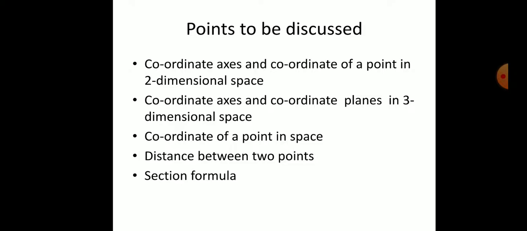These are point, distance, and section formula you have already studied in class 10th in two-dimensional geometry. So it is just one more dimension you have to add to it, and this is a quite easy chapter.